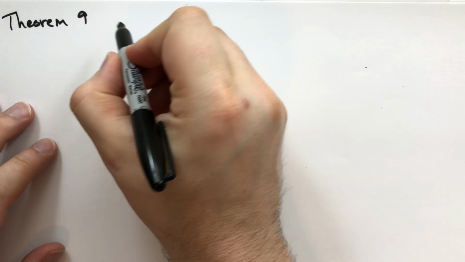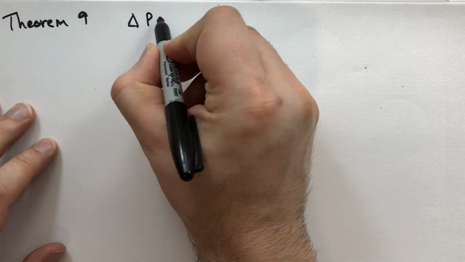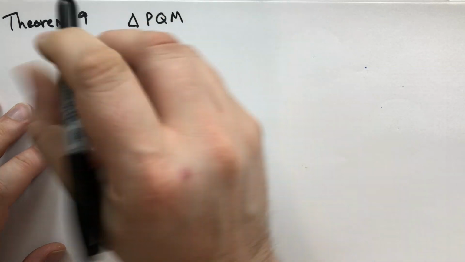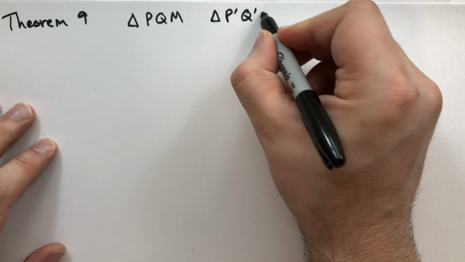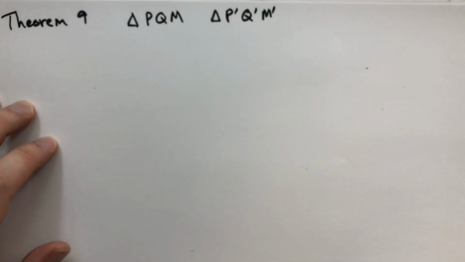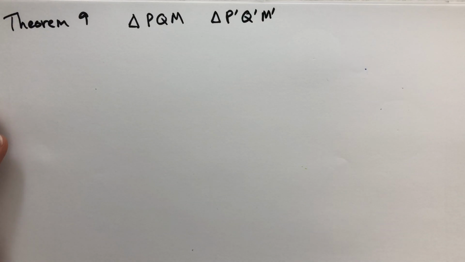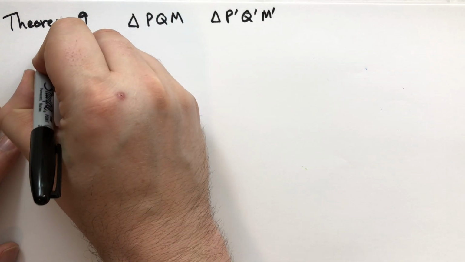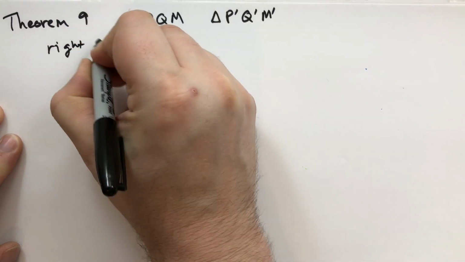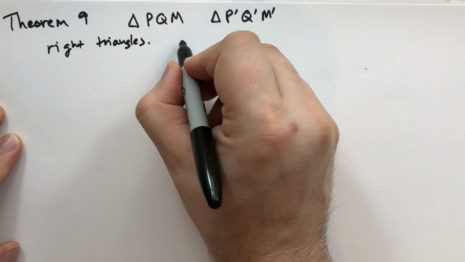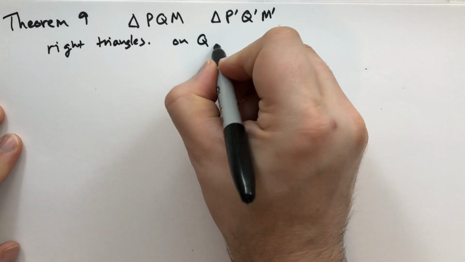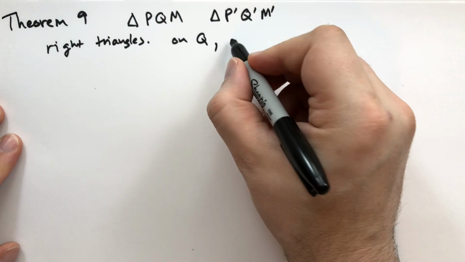is we have two triangles. So we have triangle PQM, and we have triangle P prime Q prime M prime. These are right triangles, and the right angle is on Q. So Q is the right angle, and Q prime.